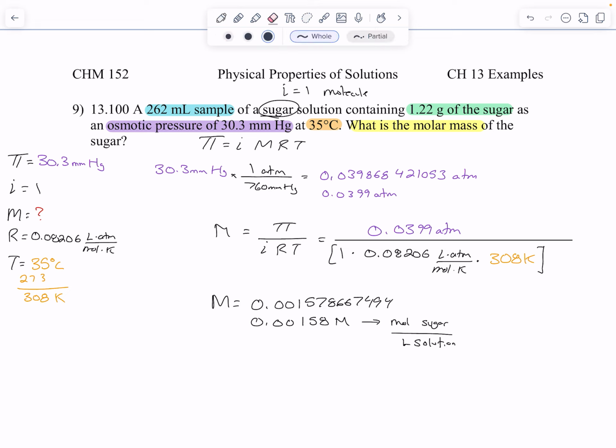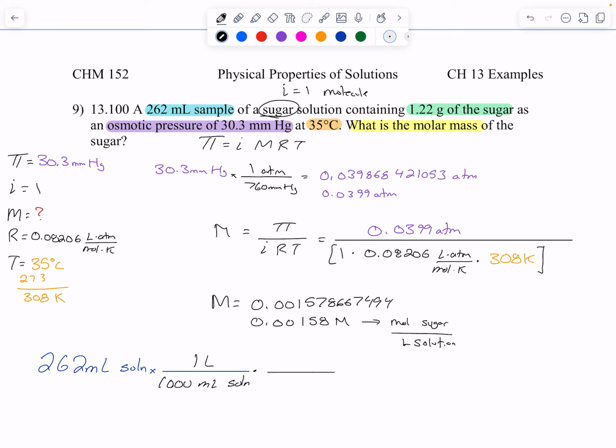We know our liters. Oh, moved on me here. Liters. If I have 262 milliliters of solution, we know that 1,000 milliliters of solution is 1 liter. And we just learned our molarity, and 1 liter is 0.00158 moles of sugar.